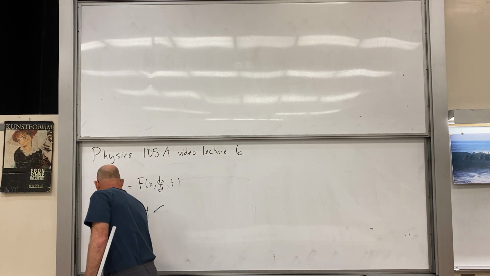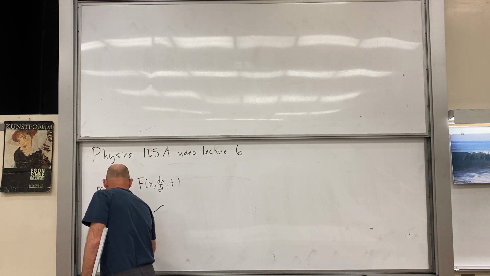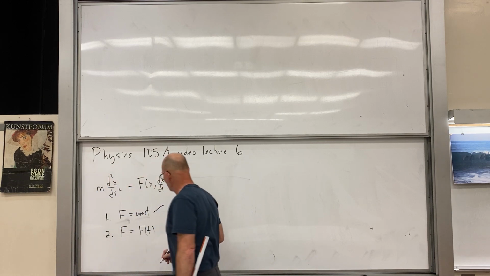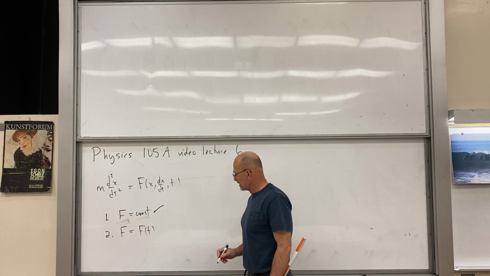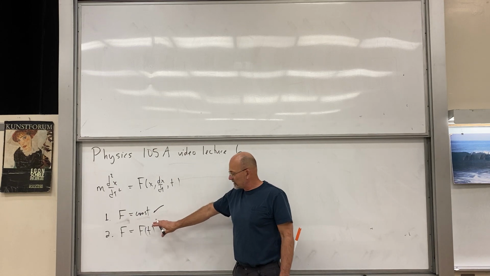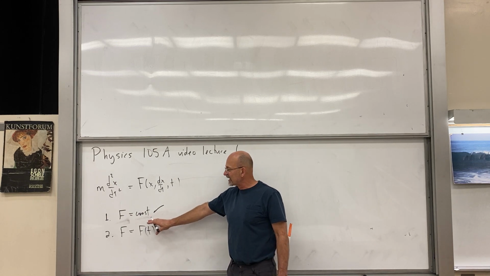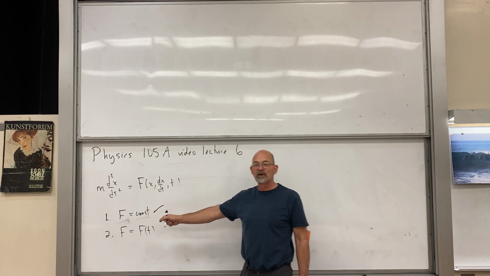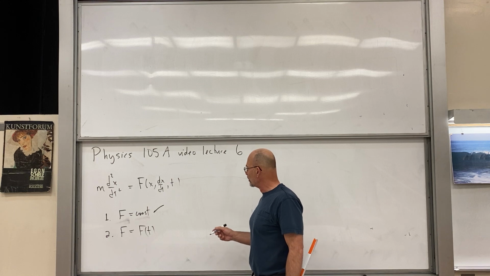So the next one, we had F is strictly a function of time. And we did see with that particular example, we could take a limiting case of some parameter and come back to this case. That's what we're going to pursue as we move through this.